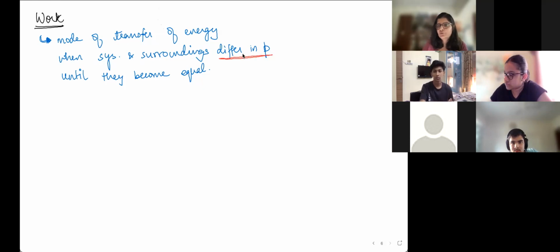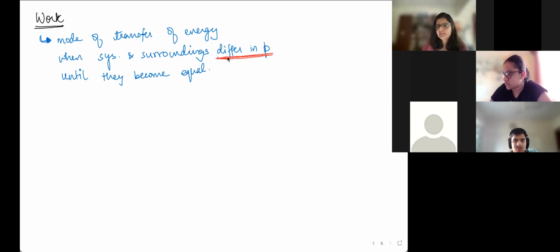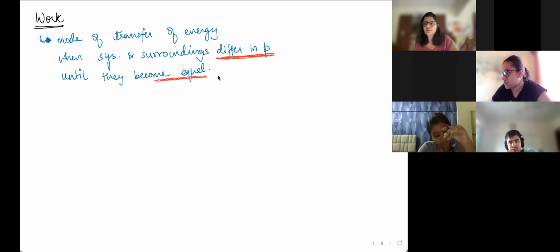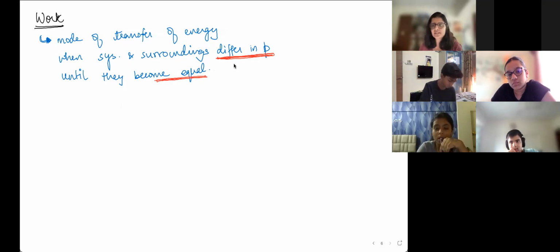So if system and surroundings are at different pressures, and the process wants to make the pressures equal, that's what it's driven by. When the pressures become equal, you observe that energy is added or taken away from the system. The thing that caused that change in energy is basically your work done.